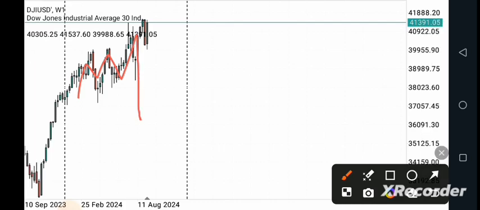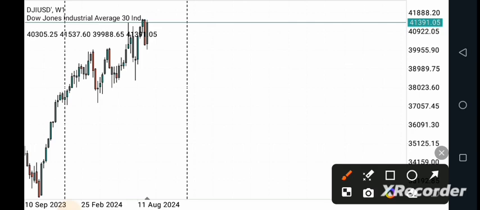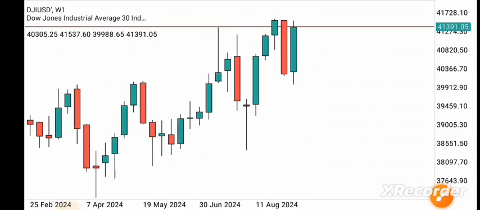What did it do? It went up again. And that's the second trap, in my opinion. The first trap was this double top here, and the second trap was price pushing further down to this level, and more people, I believe, were selling at that point, and we saw the market head up again.